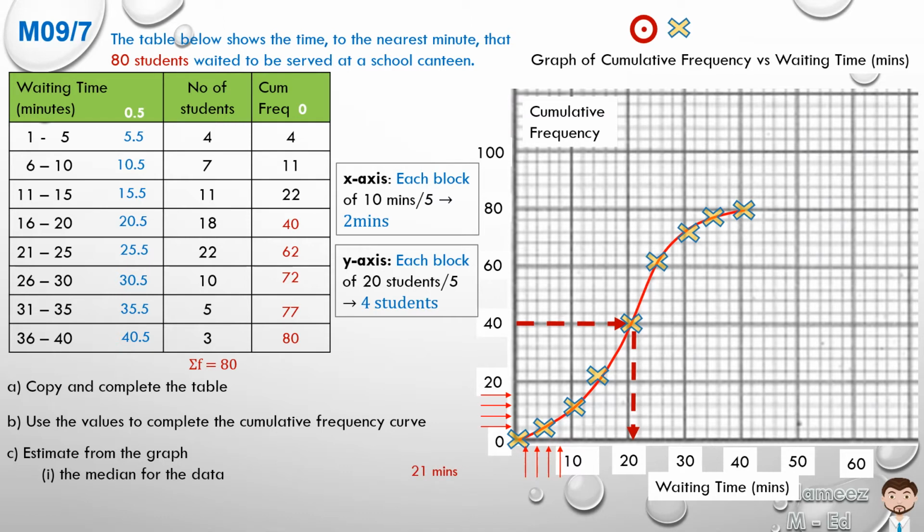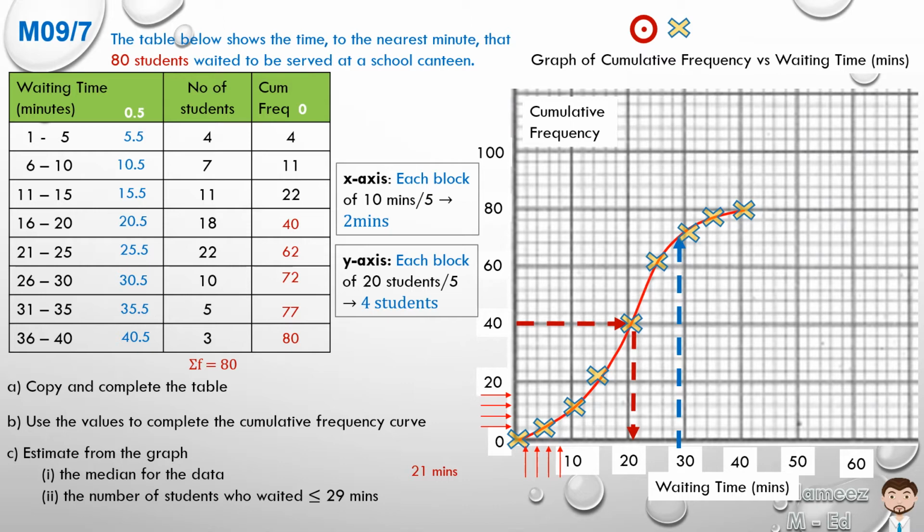In the second part of C, the number of students who waited was not more than 30 minutes, or we can say less than or equal to 29 minutes. As such, where do we get 29 minutes? We get it by looking on the x-axis. So I'm using a blue line, and from 29 minutes, I'm drawing a line upwards until it intersects with the curve.